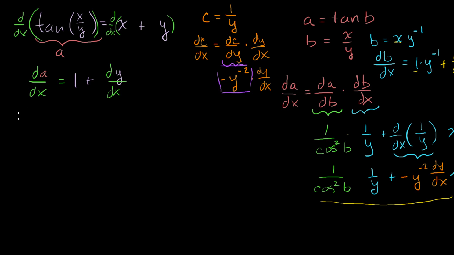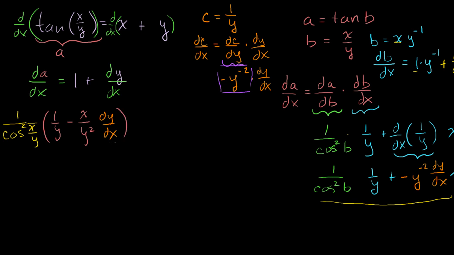So let me write it. It's equal to 1 over cosine squared of b. Well, what's b? I wrote it. It's x over y. Cosine squared of x over y times all of this mess, 1 over y minus, if I just simplify, x over y squared times dy dx.